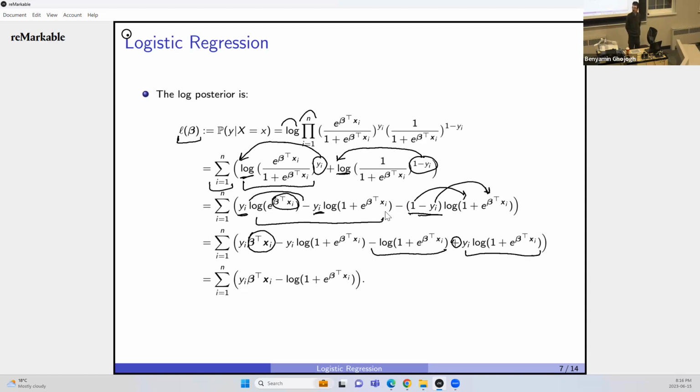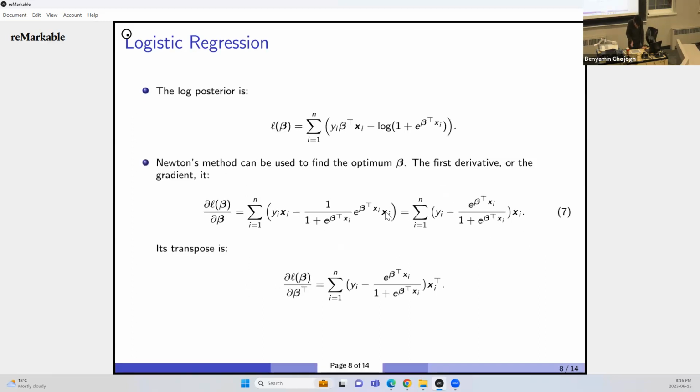Understood? And then, interestingly, these two cancel each other. Therefore, I will have this. Now, the log posterior, we simplified it and it became this.